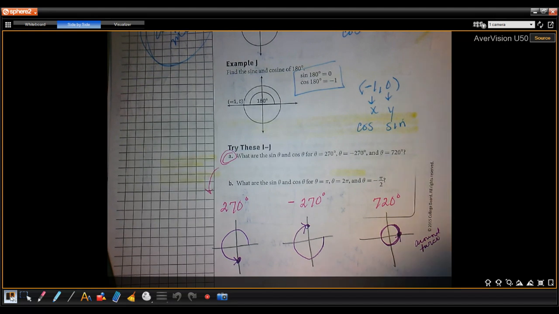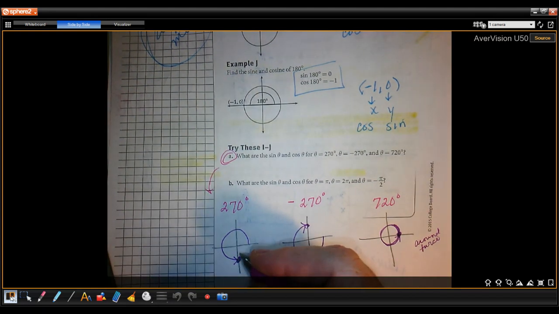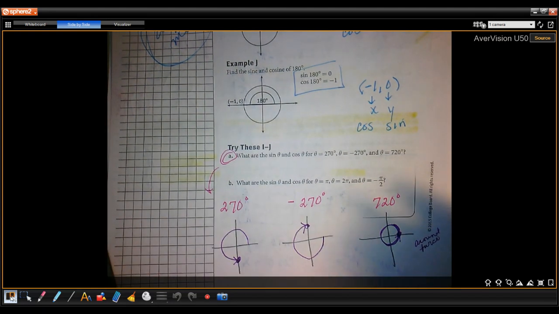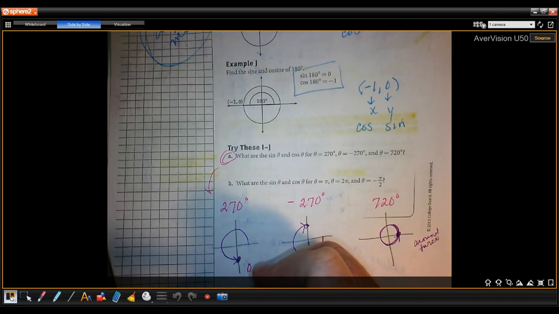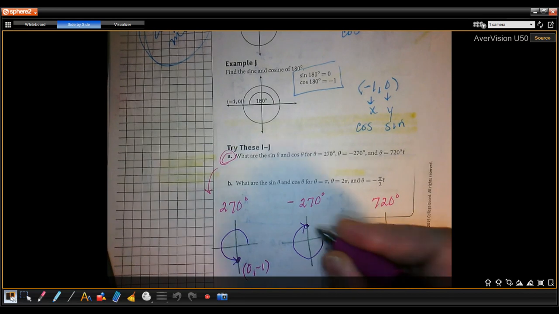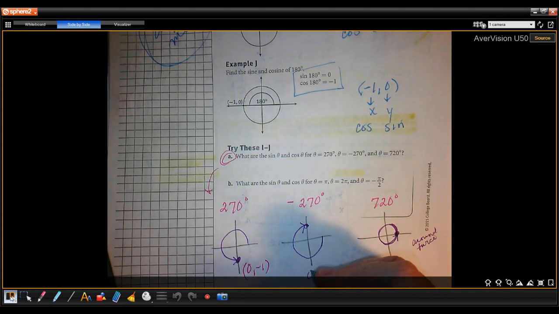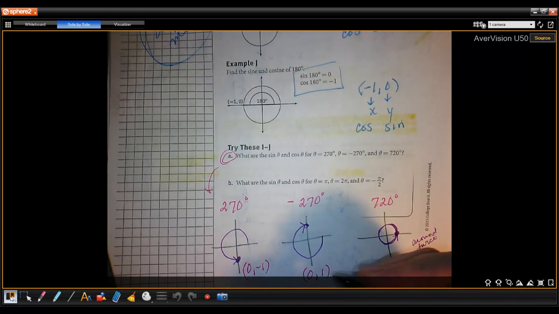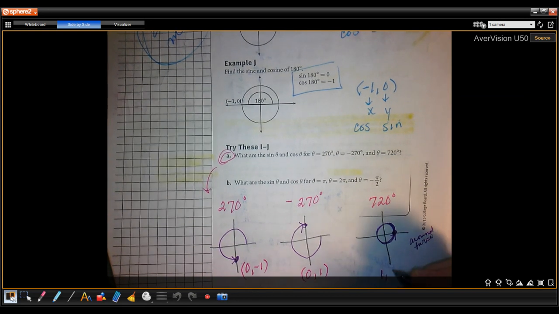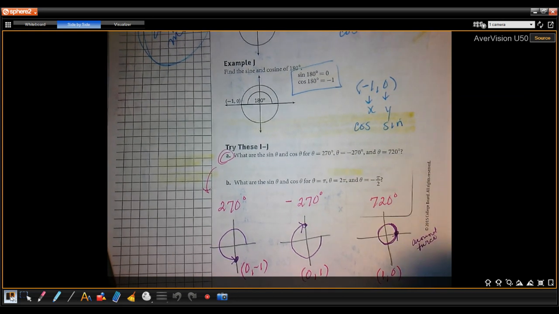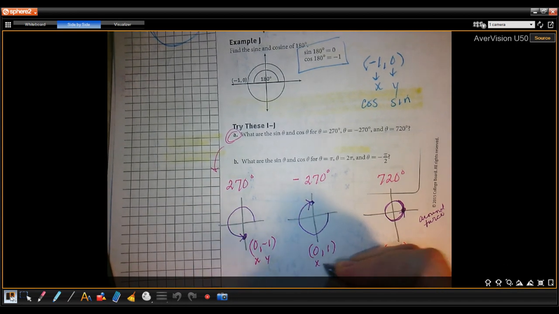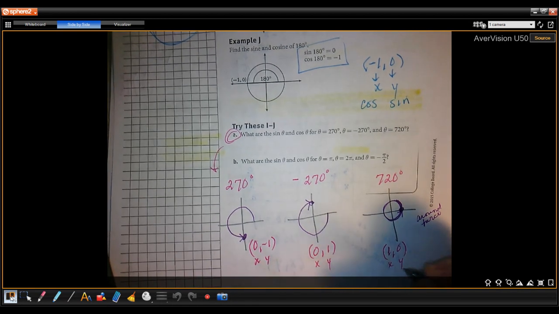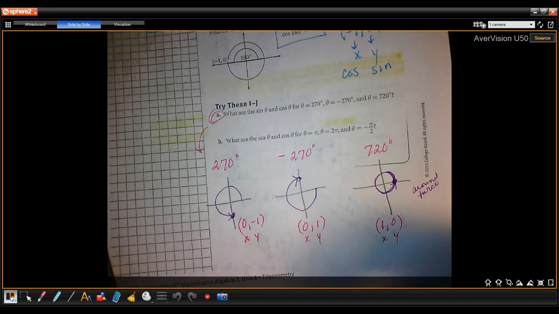Okay, now what I would do is, what point is this on a unit circle? Remember the radius is 1, right? So this is the point 0, negative 1, right? This is the point 0, 1, and this is the point 1, 0. Okay, so what I do is I go like, x, y, x, y, x, y, and then now I can answer the question.